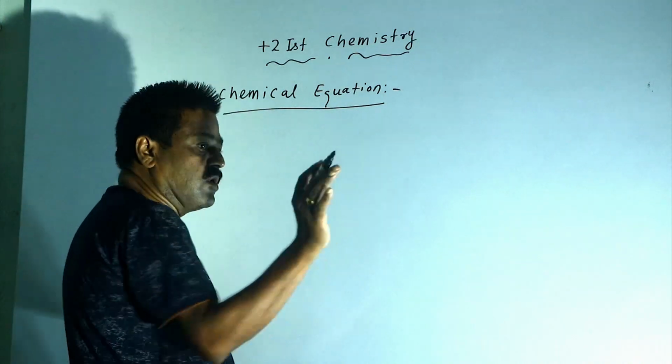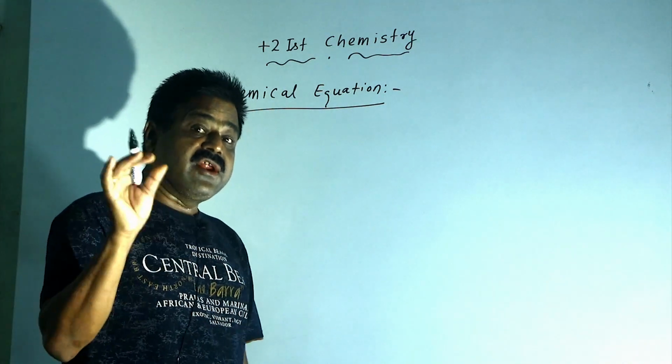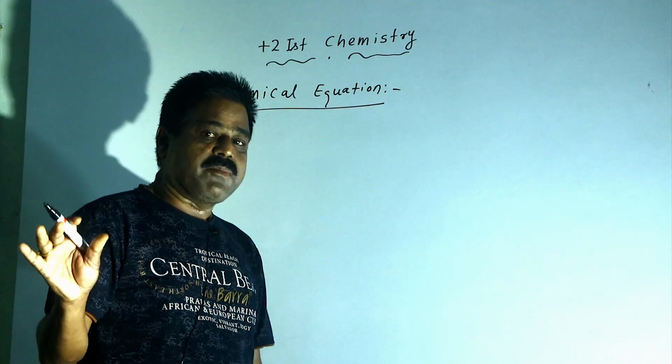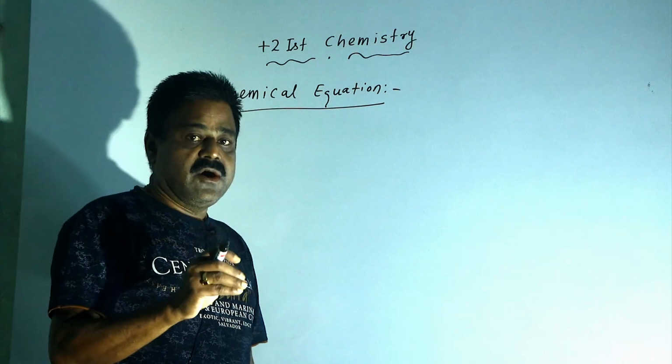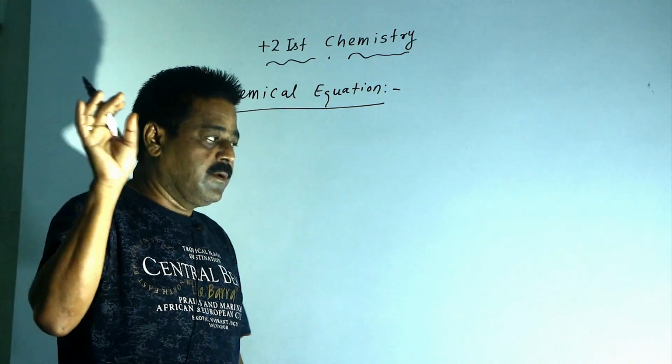So chemical equation is the shortened representation of a true chemical reaction in terms of symbols and formulae.